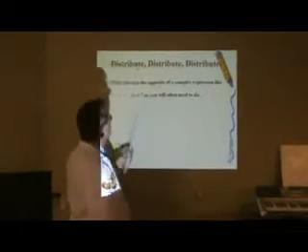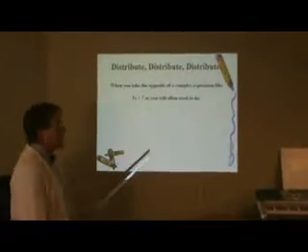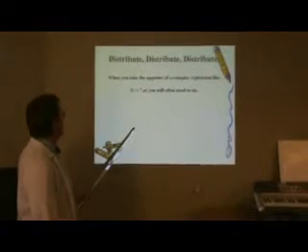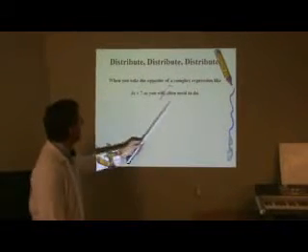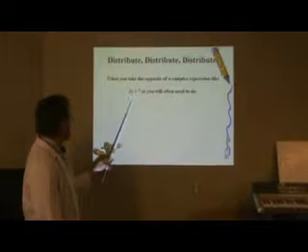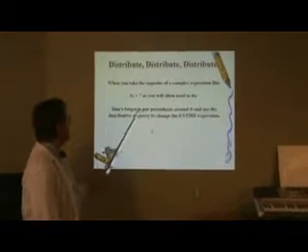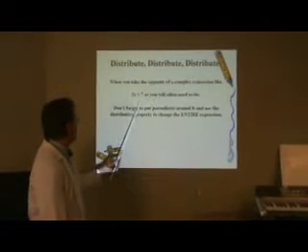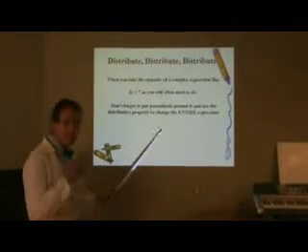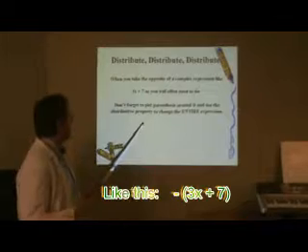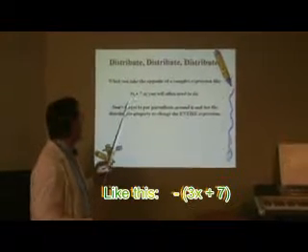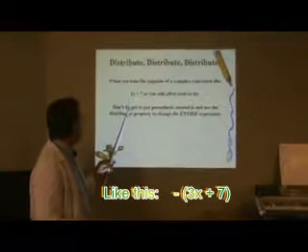Distribute, distribute, distribute. What do I mean by that, in case you're not familiar? Well, when we take the opposite of a complex expression like 3x plus 7, we need to put parentheses around the entire thing and remind ourselves that we are taking the opposite of the entire thing, not just 3x.